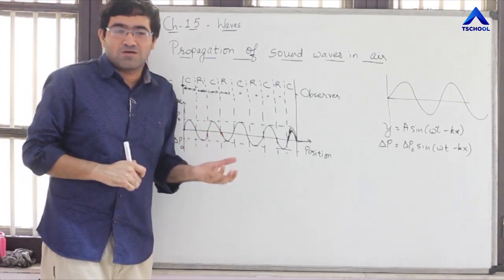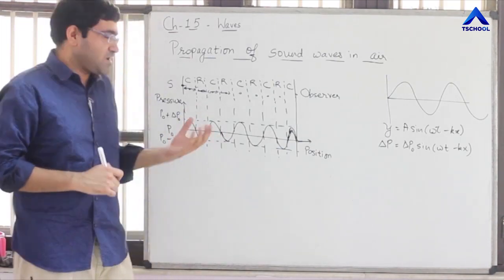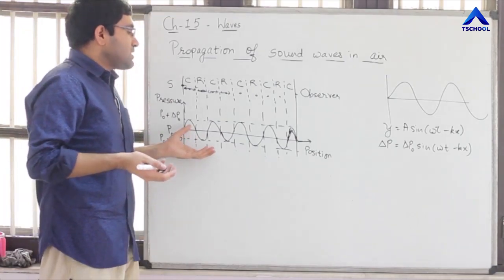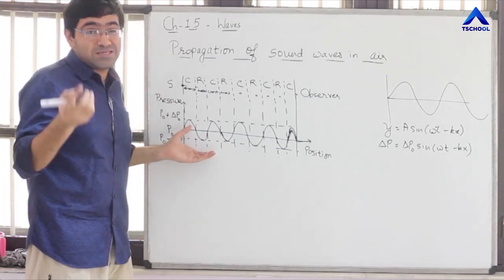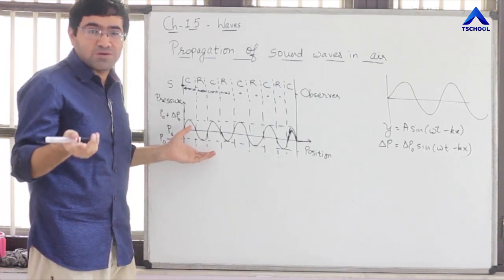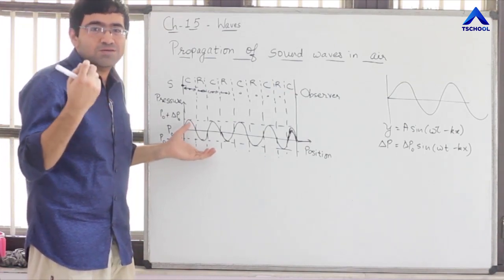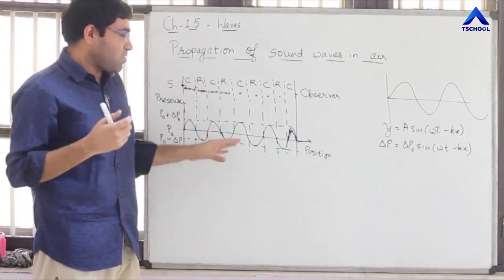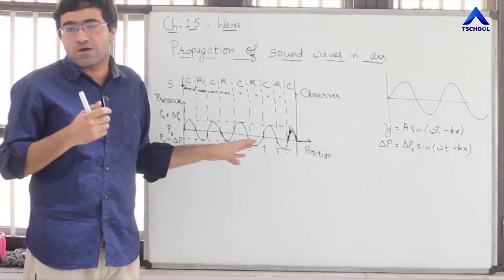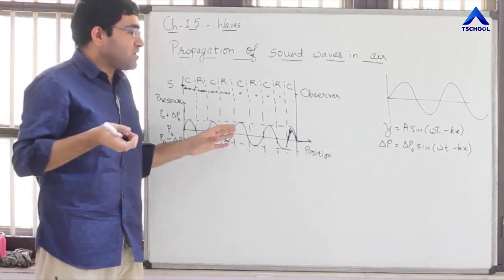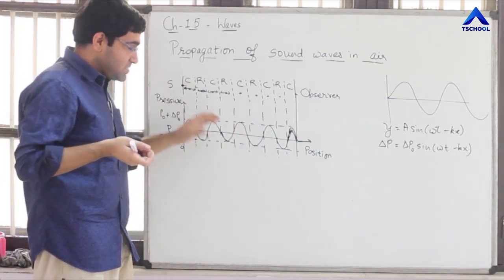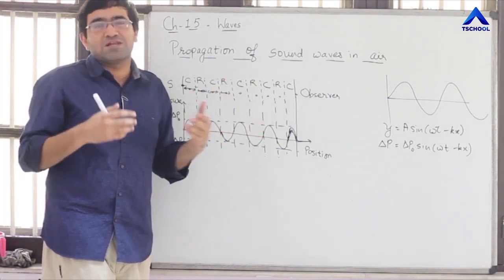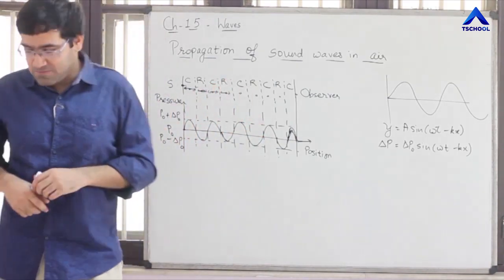Well, the answer is the pressure wave description, because our ears sense the variation in pressure. Our ears do not sense the variation in position of air particles, and hence we are always going to talk about a sound wave as being a pressure wave. I repeat, we will always consider the sound wave to be a pressure wave unless explicitly mentioned. Alright, so keep that in mind.